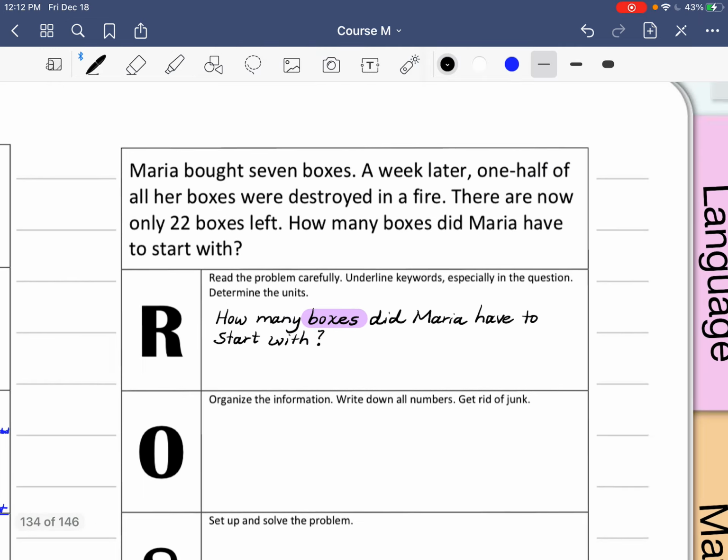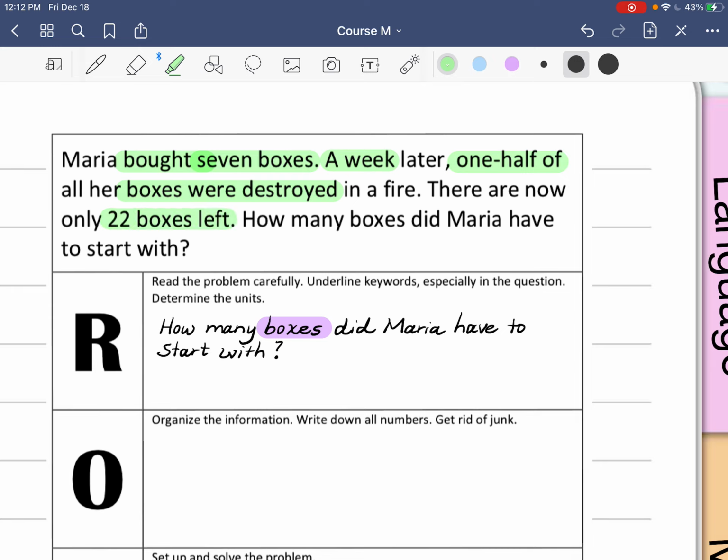Okay, so let's go back and highlight our numbers. We have 7 boxes that she bought. We have a week, that's 1 week. 1/2 of boxes were destroyed in a fire. There are now 22 boxes left. So let's organize this information.